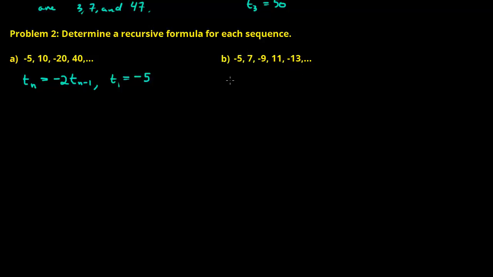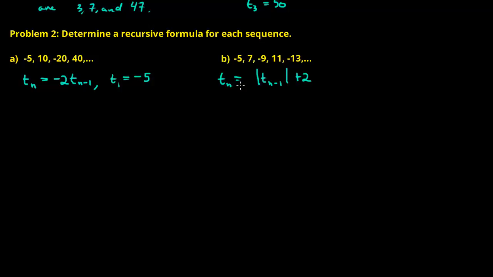Okay, so let's say that t sub n is equal to the magnitude of the last term. So we've got the magnitude of t sub n minus 1 plus 2.